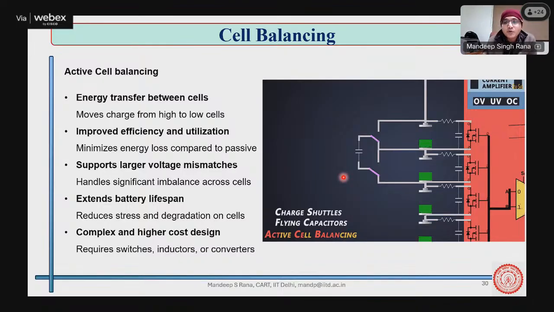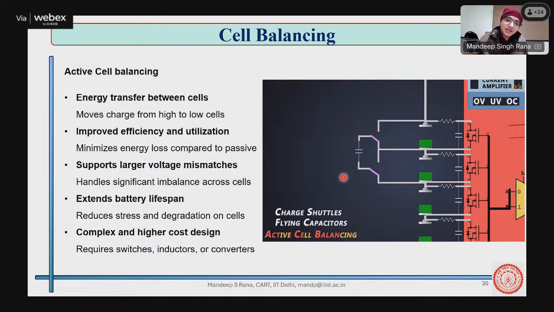But it has improved efficiency. It has a little bit higher cost definitely, but it performs really well. So this type of active cell balancing is preferred in systems where high density packing is there, like EVs. You are putting your system within the chassis, and over and above people are sitting over it. It is already a very heated environment.